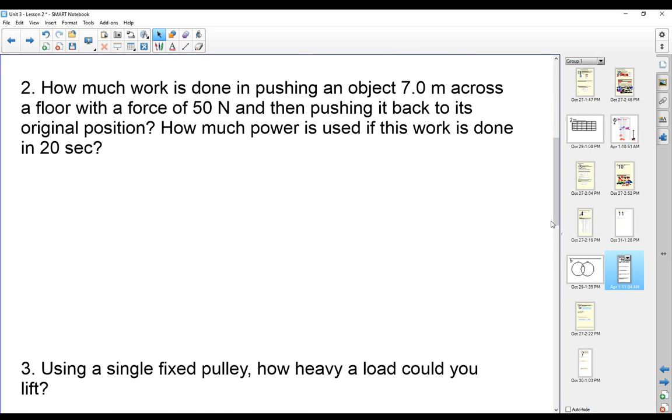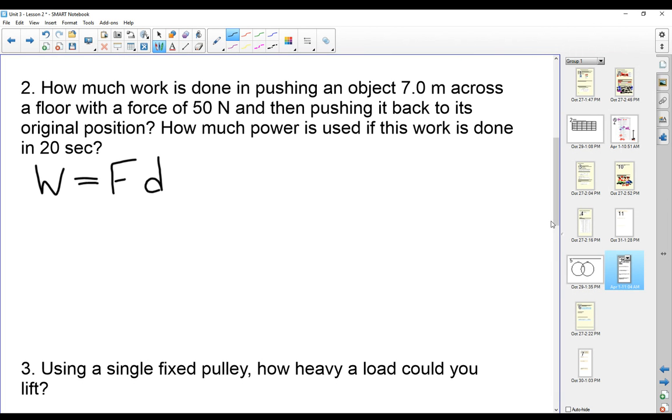Question 2, how much work is done in pushing an object 7 meters across the floor with a force of 50 newtons and then pushing it back to its original position? How much power is used if this work is done in 20 seconds? Now, we know that work is force times distance.